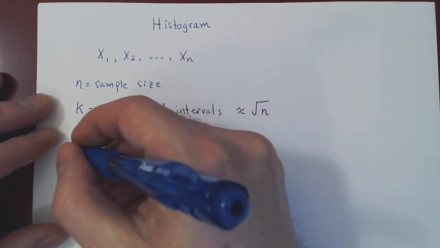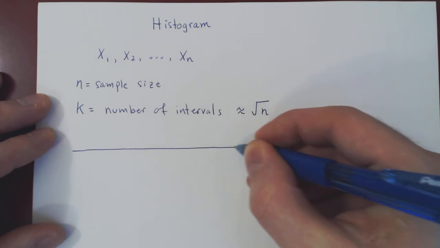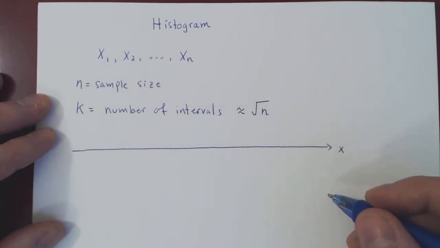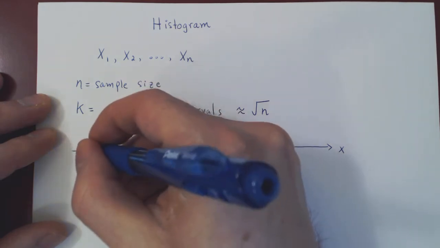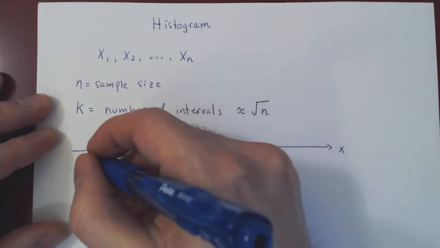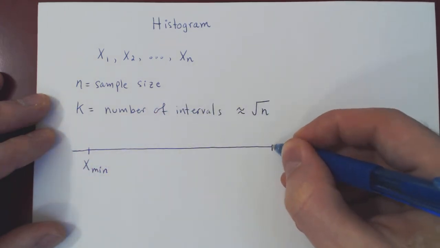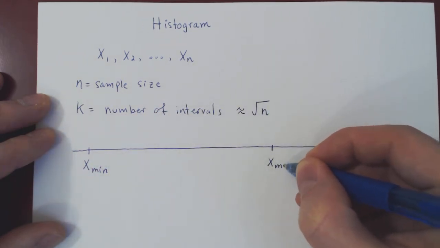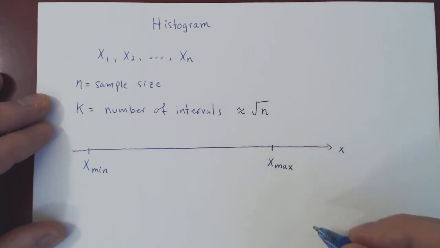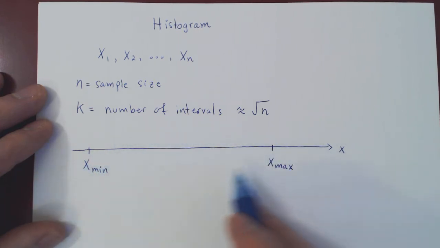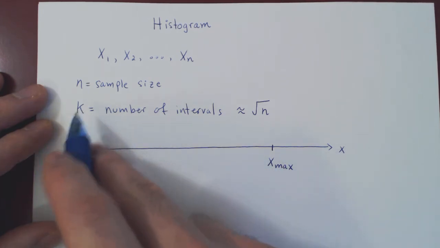Well, imagine that you have here your axis for the x values. You will naturally start with the smallest value, whichever one it is in your sample, so x min, and you'll end naturally at the largest value, x max. The question is now, how do we subdivide our range from the smallest to the largest value into k intervals?